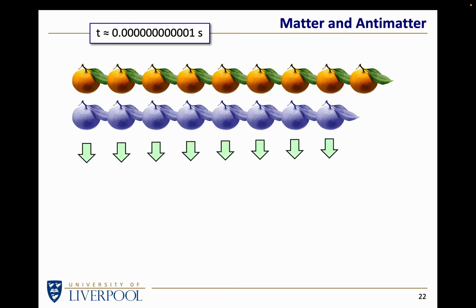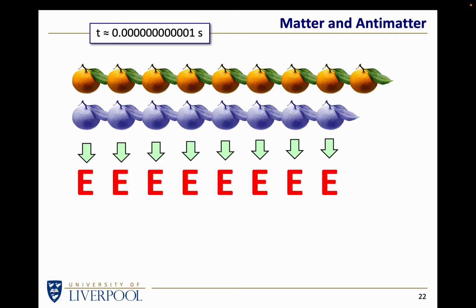So what happens if you make this amount of matter and antimatter? All of your particles of matter have an antimatter equivalent that they can annihilate with to make energy. That is true of all of these particles of matter, except for the last one, which hasn't got an antimatter partner to annihilate with. So what we end up with, once everything has settled down, is a universe that's absolutely full of energy in the form of light, radiation, doesn't matter what wavelength we're talking about, electromagnetic radiation, and some matter.